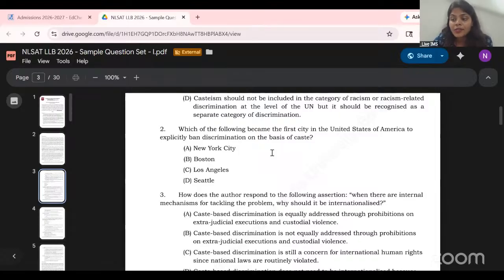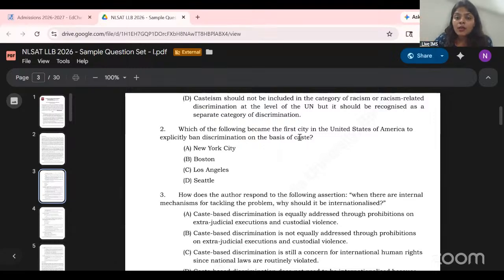Here you need to have some clear understanding of the concepts. Whenever you get a particular topic, you can also expect questions from that topic from the GK part of it as well.